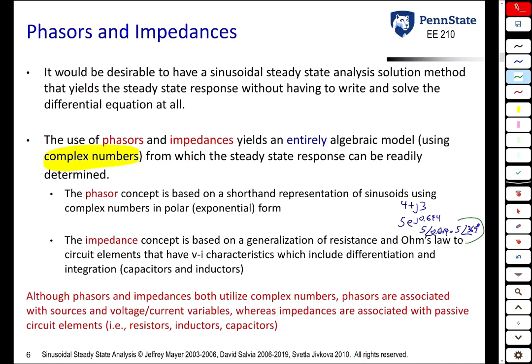So we're going to utilize this concept here by whenever we see a sinusoid of a form a cosine omega t plus phi, we're going to re-express it as a at an angle of phi. This is just a polar form of a complex number.